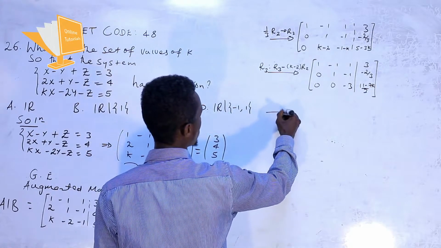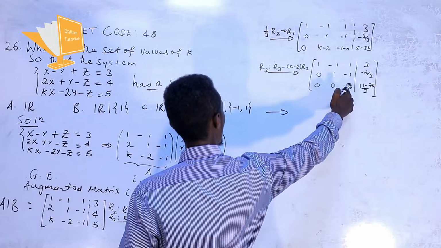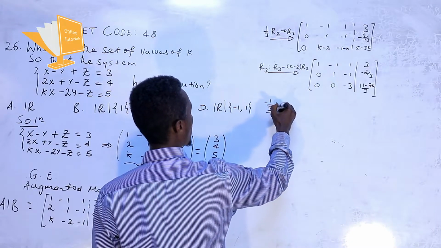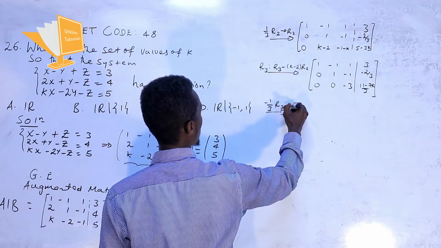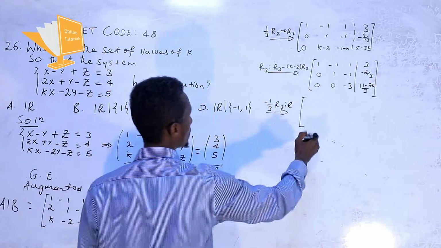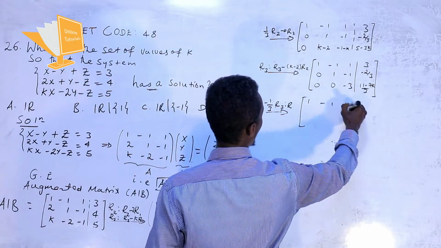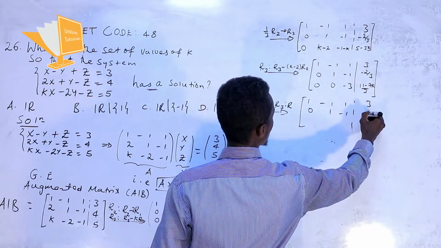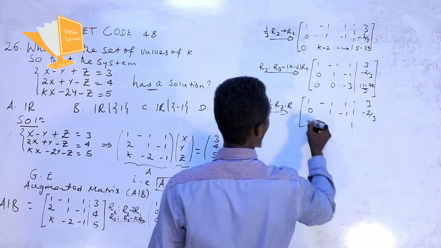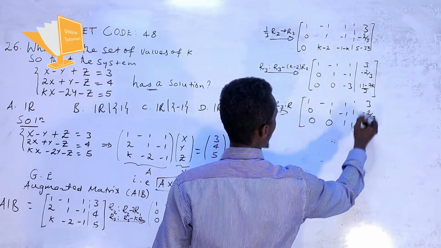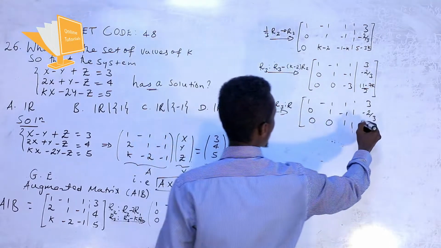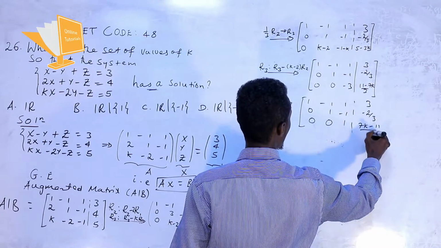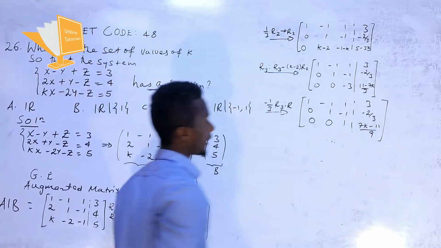So to make the third entry 1, ለመሆን ምንድነው የምናደርገው? በ-1 over 3 R3 እናባዛለን. ስናባዛ ምንድነው የምናገኘው? 1 minus 1 1, 3 0 1 minus 1, minus 2 over 3, 0 0 1 ይሆናል. ይሄኛውን በማይነስ እናባዛው, (7k minus 11) over 9 ይሆናል ማለት ነው.